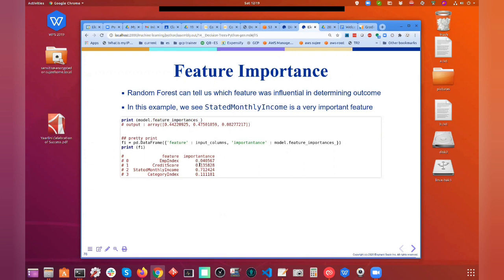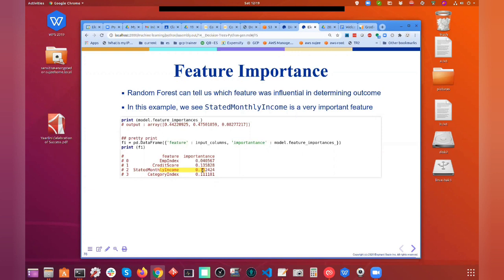Using the inputs, the idea is to understand if the loan is going to be defaulted. For example, I used employment index, credit score, and monthly income. You can see monthly income seems to be the biggest factor. They should all add up to 1.0. So monthly income is the biggest contributor in determining the outcome.